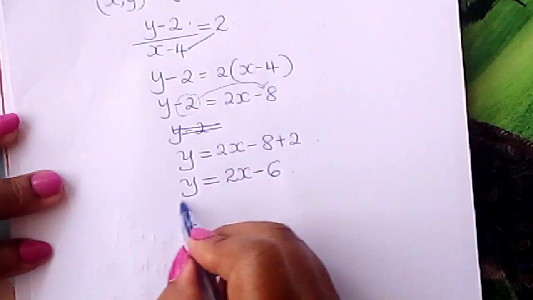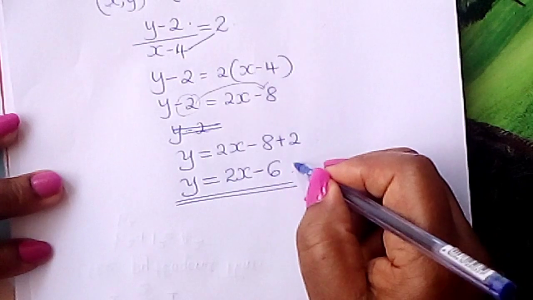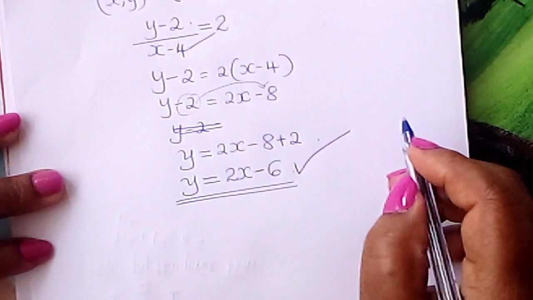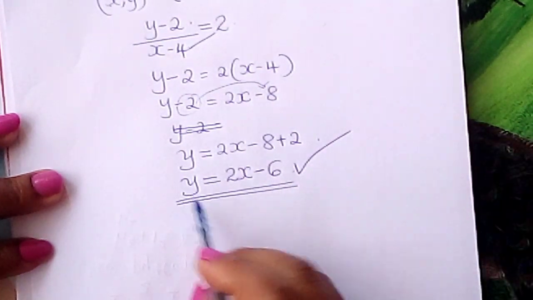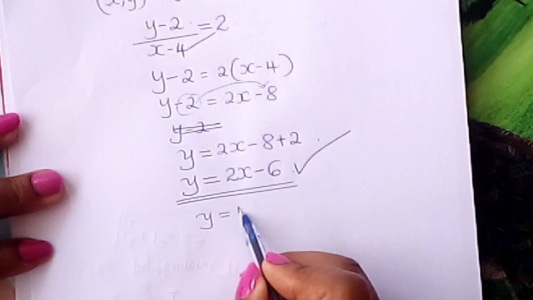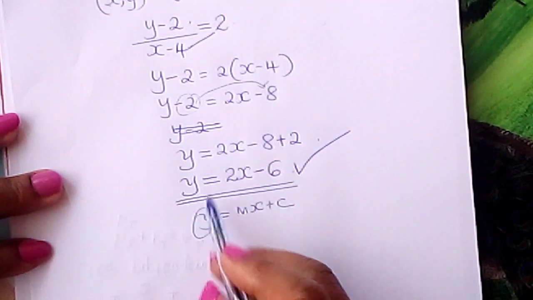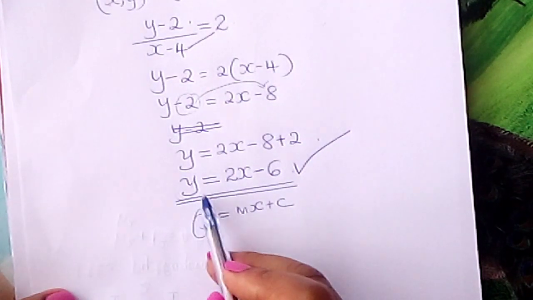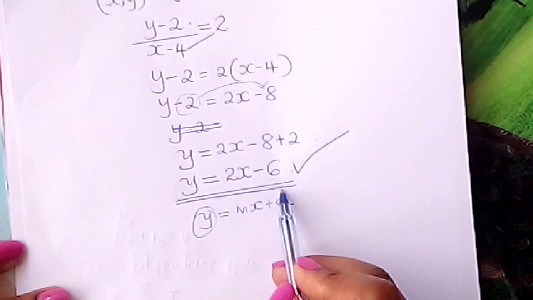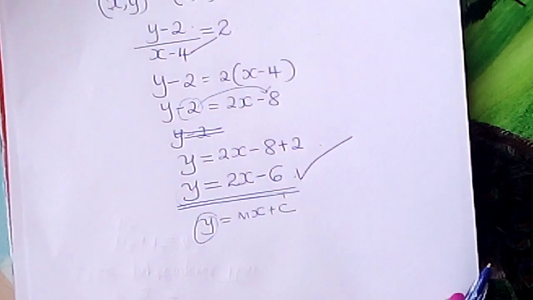So if you look at our equation here, this is the equation of our perpendicular bisector. And if you look at it, it is in the form of y is equal to mx plus c. Y is on the left hand side alone. So this is the equation of our perpendicular bisector.